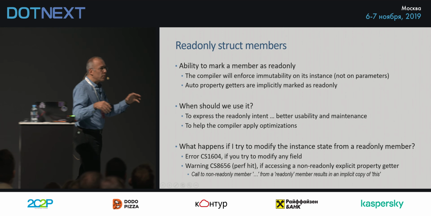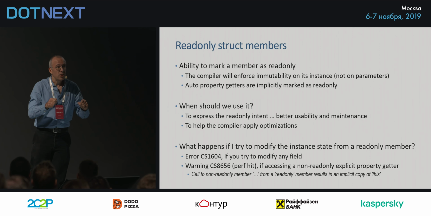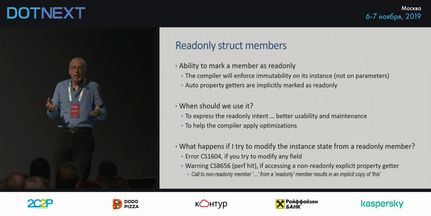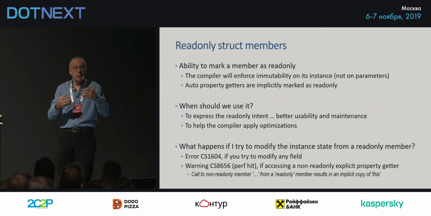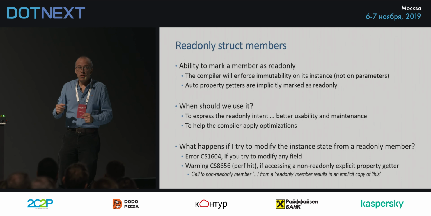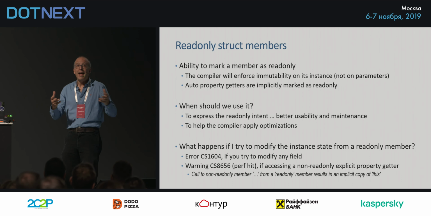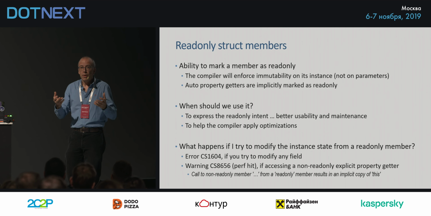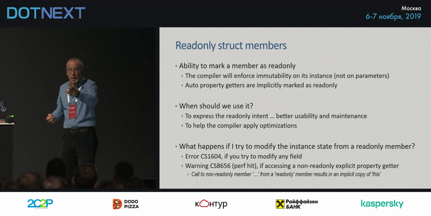But we are talking about C# 8, where the feature is telling you now, since most value types will need to make some changes to their state, you can mark even a single member. So for example, if you have get length, of course it is a get, but it's a method. How can I know that it is read-only? And so the idea is that you can mark it read-only.